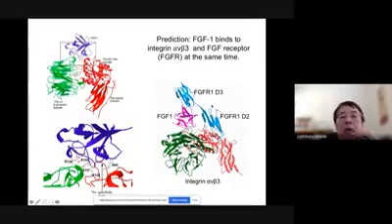This is a crystal structure, and this part is a simulation docking model. When combined, I saw this as, wow, this could be potentially important, because FGF1 can bind to the FGF receptor and the integrin at the same time, making a complex. Oh, this could be very important. We should work on that. So then introducing mutations in the next.